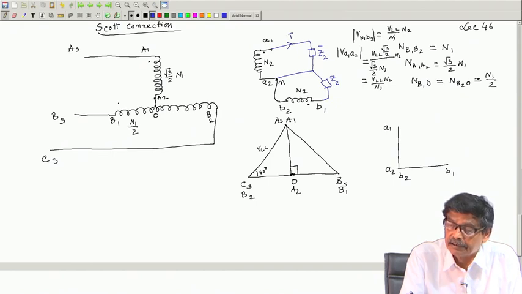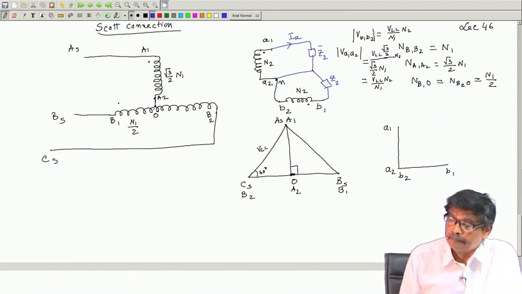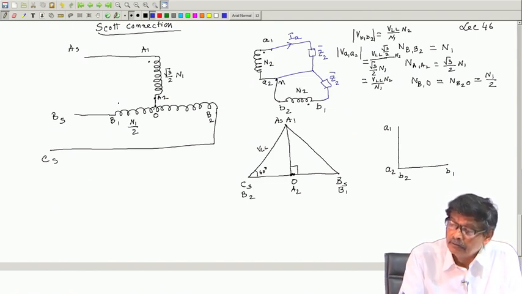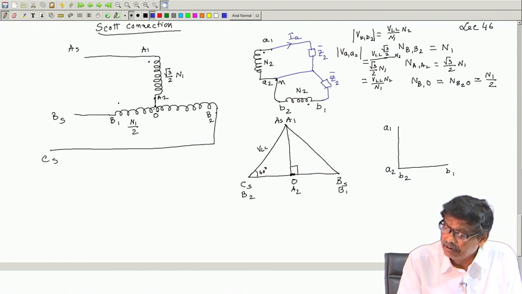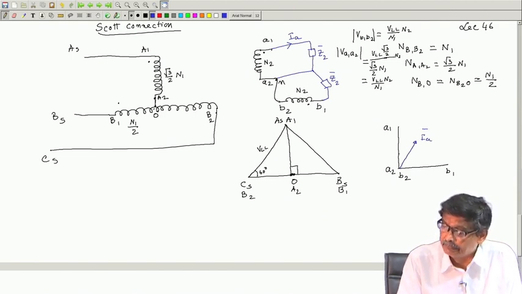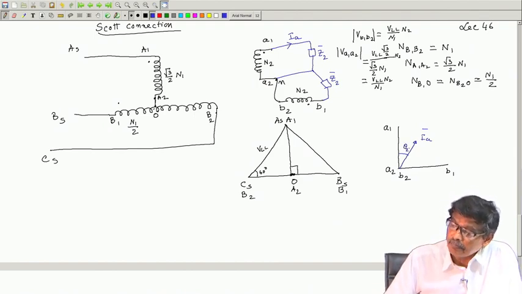Let this current be called I A, where this I A will depend upon the power factor of the load. This I A will be here, lagging this voltage by the power factor angle theta 2.